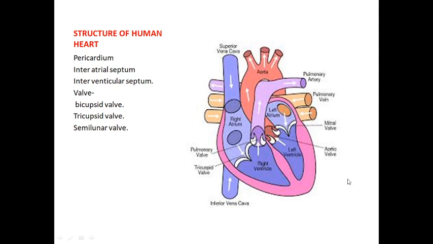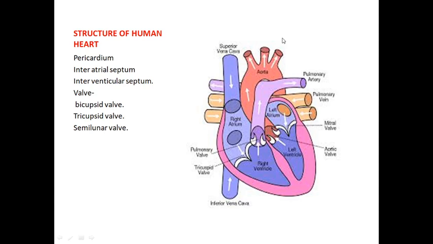From the right ventricle, the blood is carried by the pulmonary artery to the lungs for purifying. After purifying, the pure blood is carried by the pulmonary veins and poured into the left auricle. From the left auricle it comes to the left ventricle. From the left ventricle, the blood is carried by the aorta and distributed to the different parts of our body.